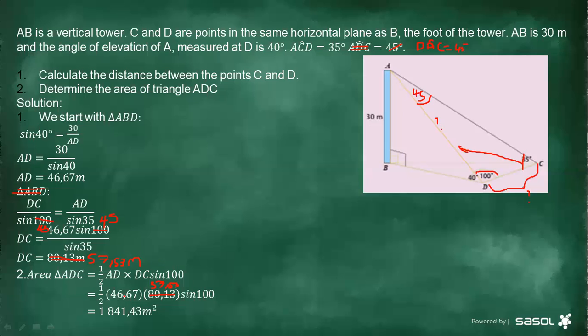The correct area is 1,222,007 meters squared. That is the correct area. All right. Let's now proceed.